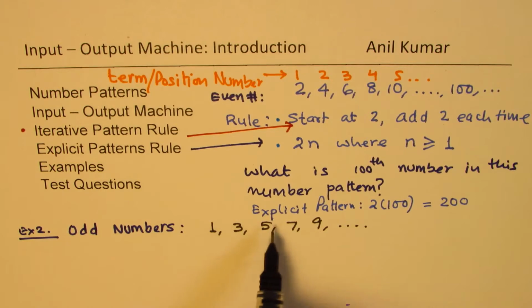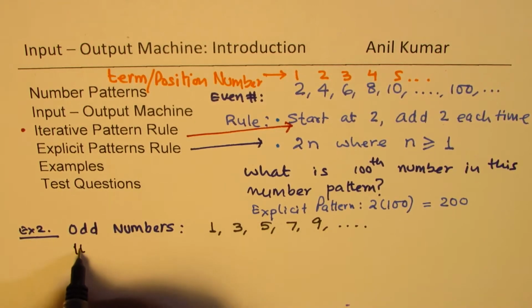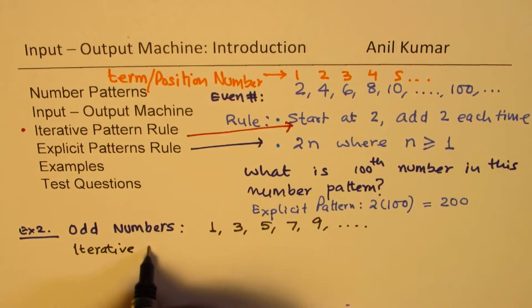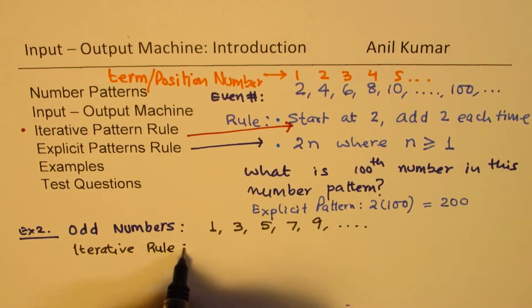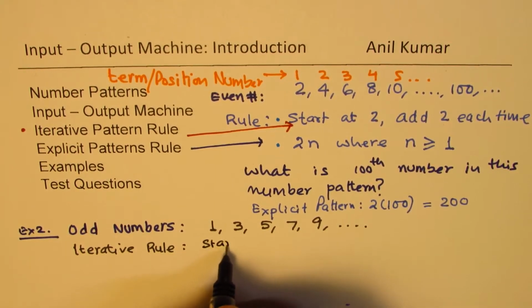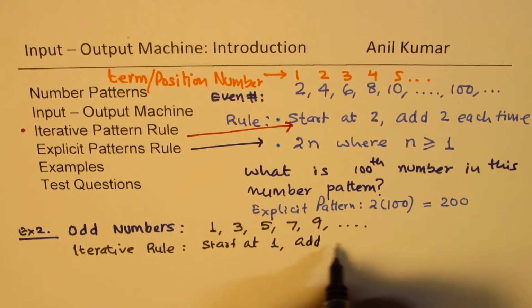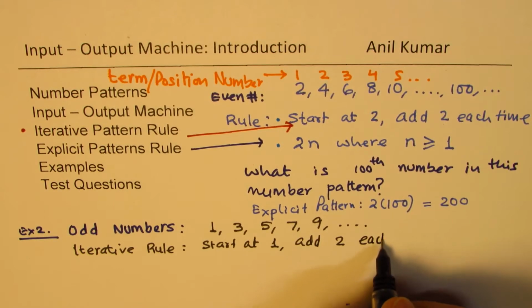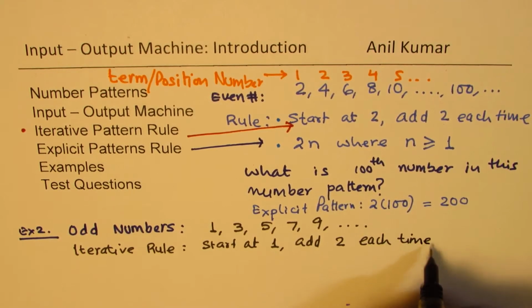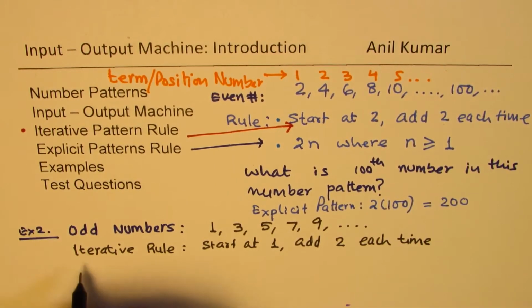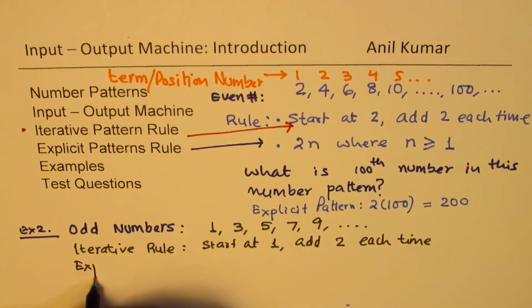Now if I have to describe this, what will the iterative pattern rule be? The iterative rule will be: start at 1 and then add 2 each time. Is that clear? What is going to be the explicit pattern rule?